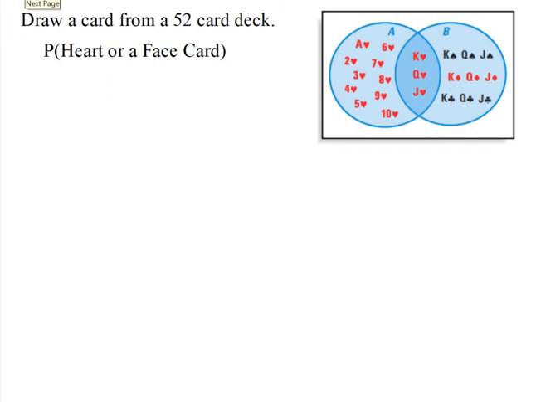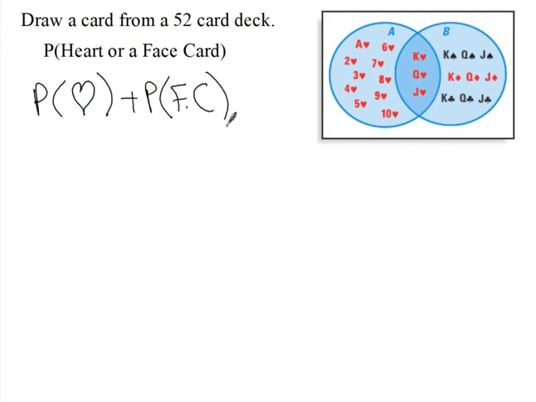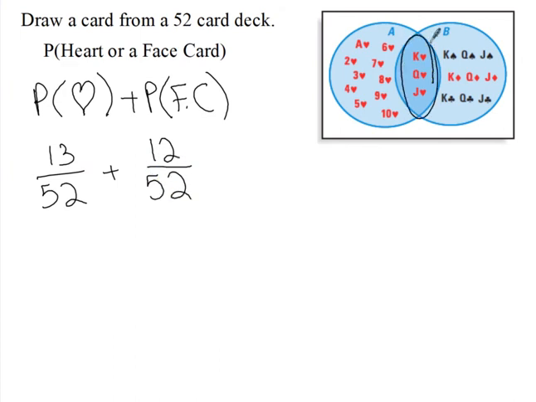For example, I've got the probability of getting a heart or a face card. So I can take the probability of heart, and I'm going to add it to the probability of FC for face card. There are 13 hearts out of the 52, added with the 12 face cards out of 52. But the only problem is I have 3 cards that are shared in both Venn diagrams.